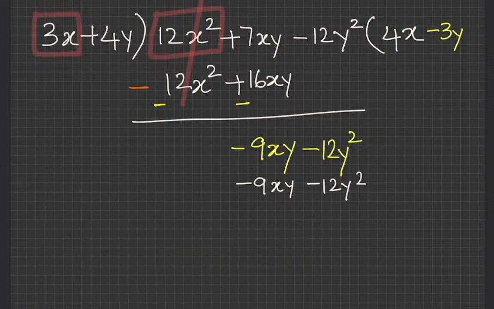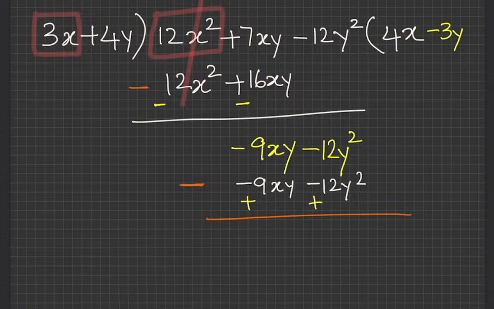And it has to be subtracted. So I have to subtract negative 9xy and negative 12y squared. So I have to change the sign. So negative 9xy becomes positive 9xy. Negative 12y squared becomes positive 12y squared.